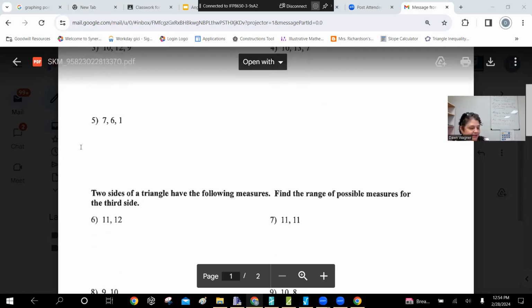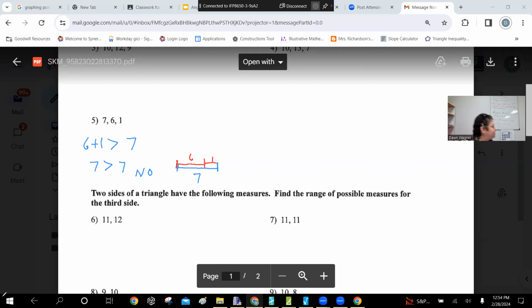You know me. Okay, so what's your biggest side here? 7. The 7. 3 plus 1. And this one is 6 plus 1 bigger than 7? It's equal to, and we proved that this would be a no. And the reason why, let's say I had something that's 7 inches or 7 units long. So this is 7, right? And let's say I have 2 different side lengths of 6 and 1.